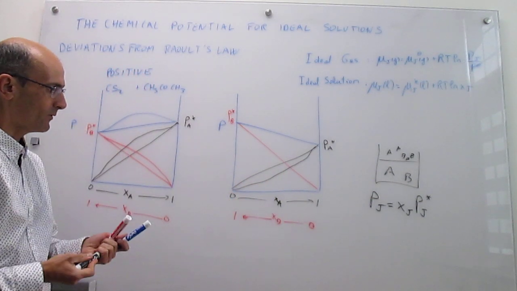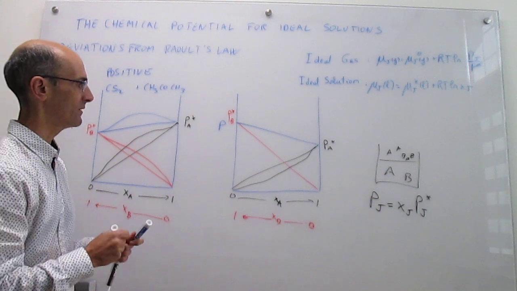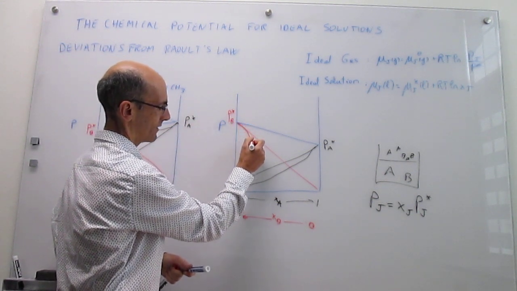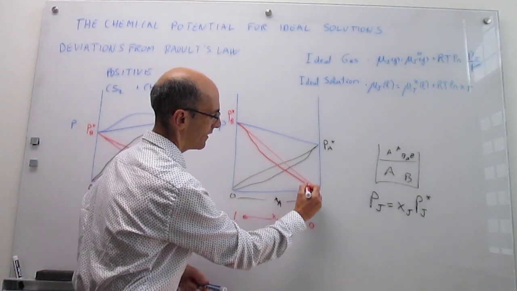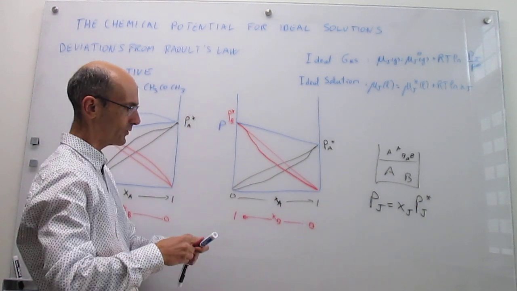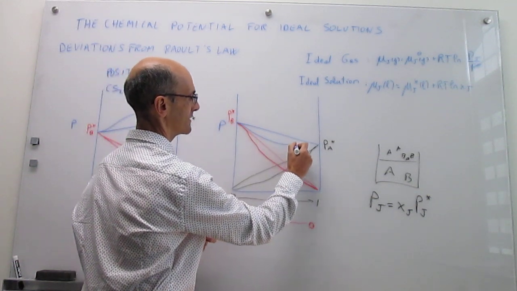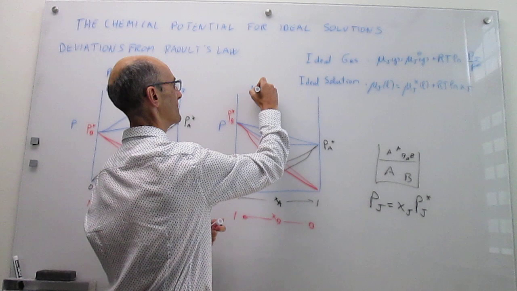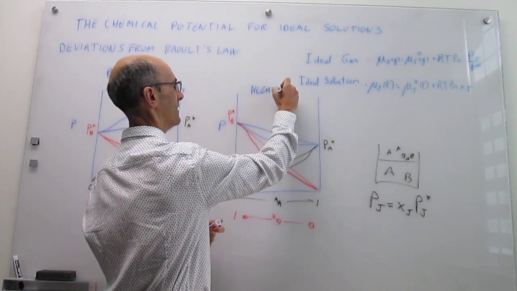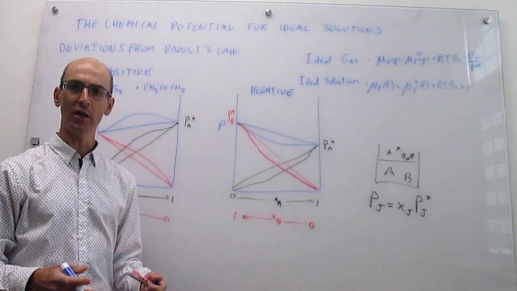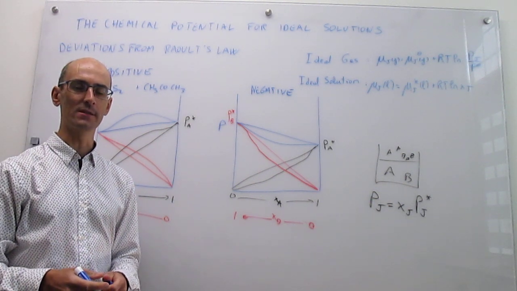That will be for component A, and then for component B you're going to have also a line that is below Raoult's law, and for the total you will have exactly the same thing. Right, so that's more or less how this looks. So there is a negative deviation, and then we can use this knowledge to learn a little bit about the interactions of those liquids in solution.